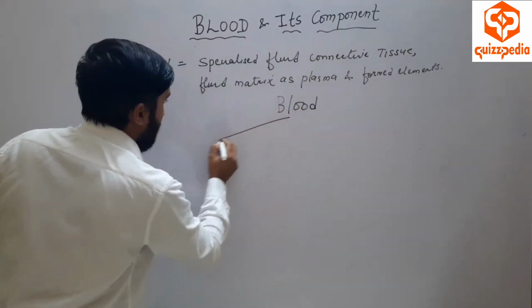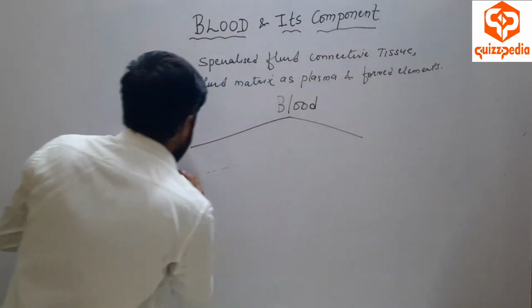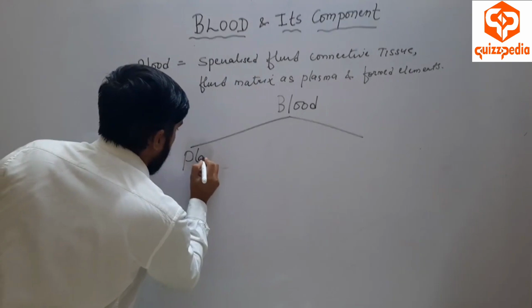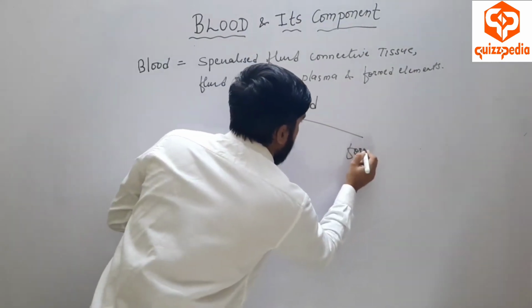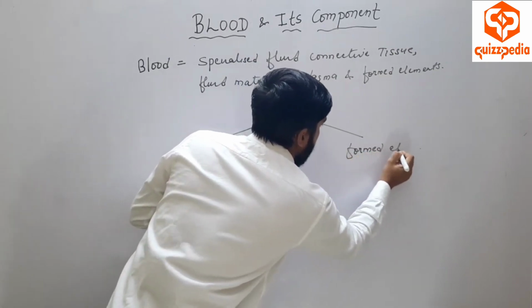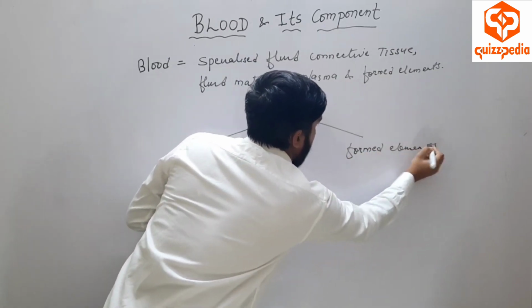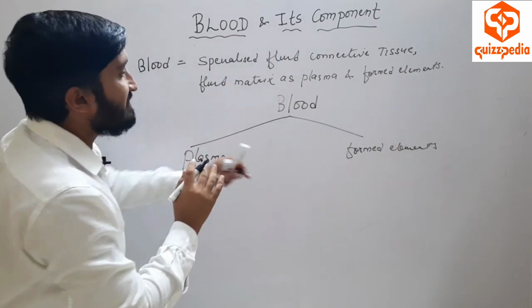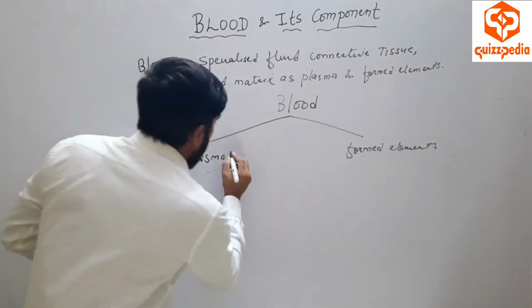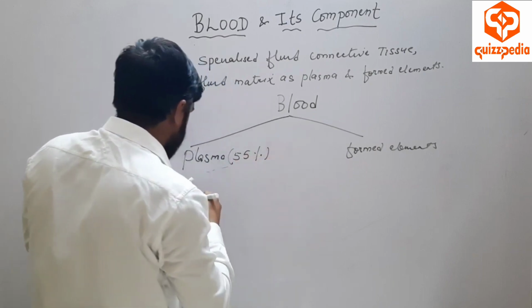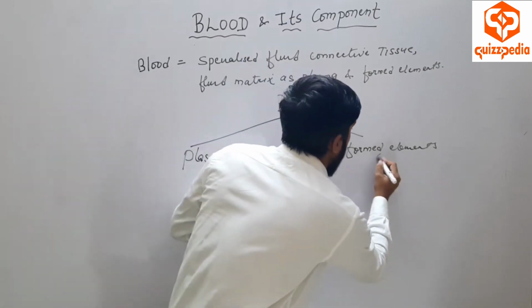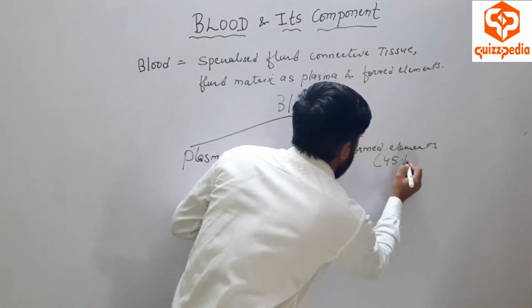These are the two parts of the blood: first one plasma and second formed elements, right? Now what is the percentage of these components? Plasma contains around 55% and the formed elements are around 45%.